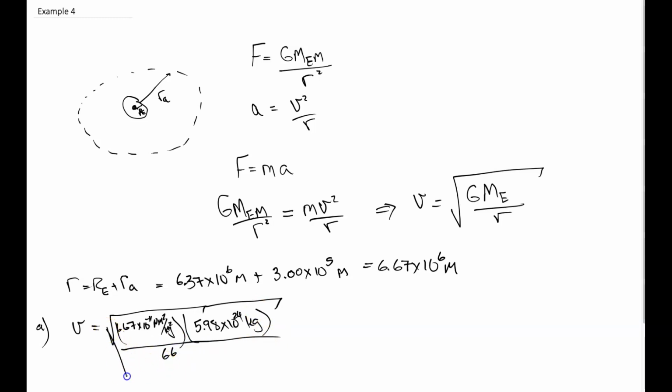Keep in mind that this is still under the radical. And if we do this, we get about 77.30 meters per second.